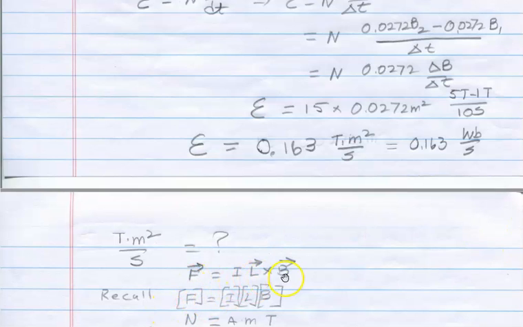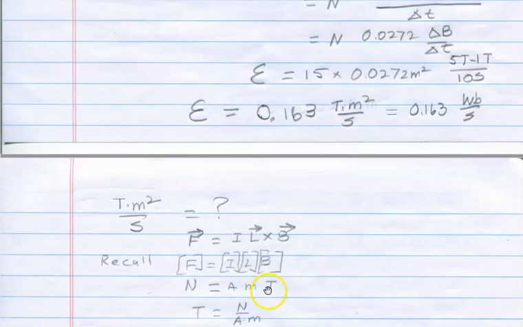And so if I look just at the units of this, I get the units of force is the units of current, units of length of the wire, units of magnetic field. And I know magnetic field in SI units is Teslas. A length is in meters, current is in amperes, and force is in newtons. And if I solve that for the Tesla, I see that it's a Newton per amp meter.